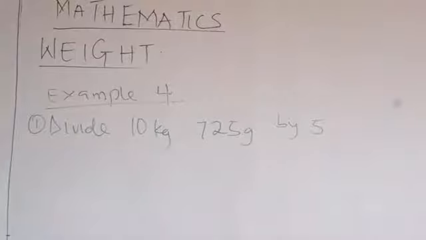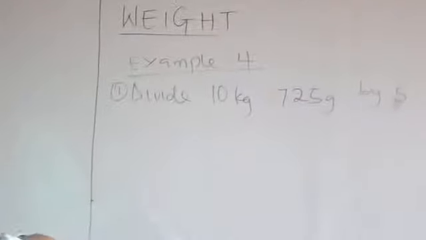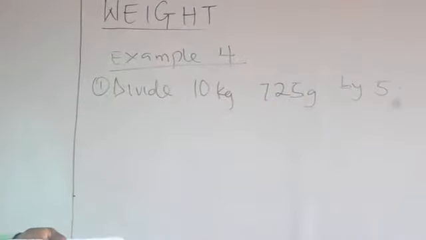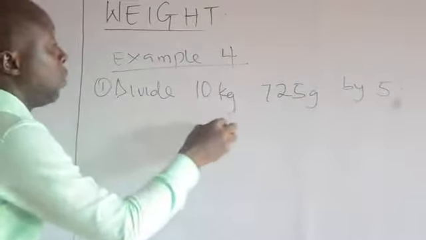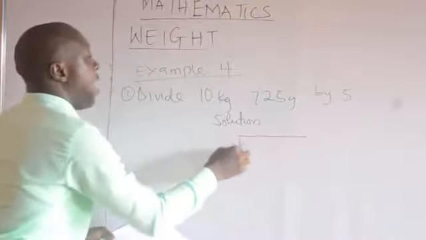We are asked to divide 10 kilogram 725 gram by 5. So our solution. We first of all draw our division bracket.